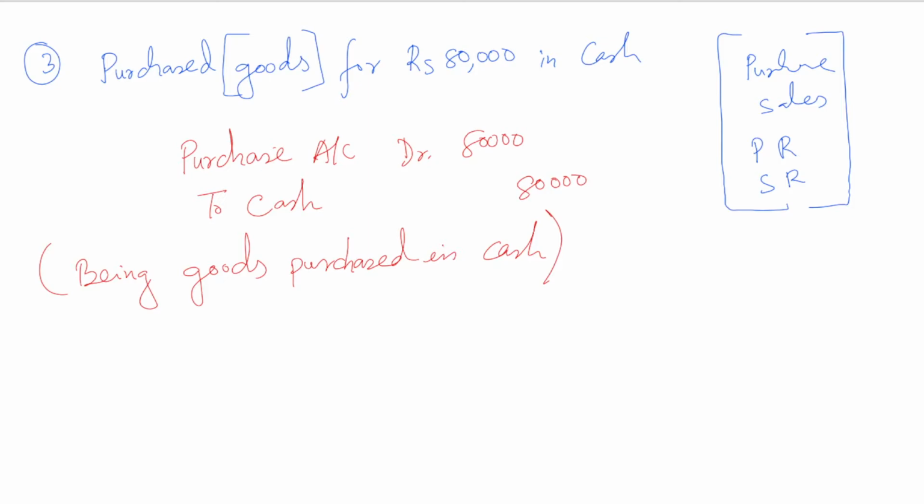Interestingly, we have purchased the goods in cash. Now I am assuming one more thing. Say for example, now I am purchasing goods on credit.